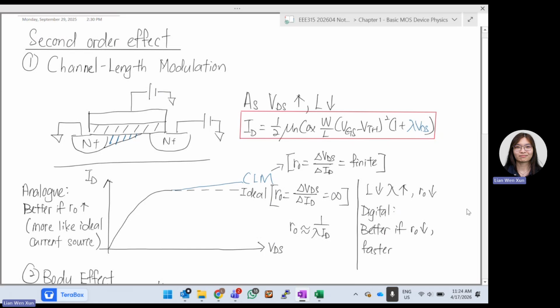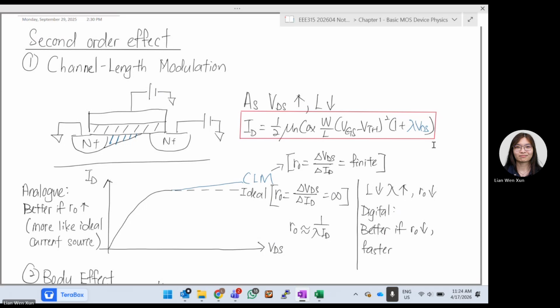So we don't care how it changed, but they have come up with one equation: half mu-n C-ox W over L (VGS minus VTH) squared is your saturation region formula, and then you multiply with 1 plus lambda VDS. This is your channel length modulation. The lambda is your channel length modulation coefficient. It is just a coefficient, because we know that the whole thing might get affected by VDS slightly.